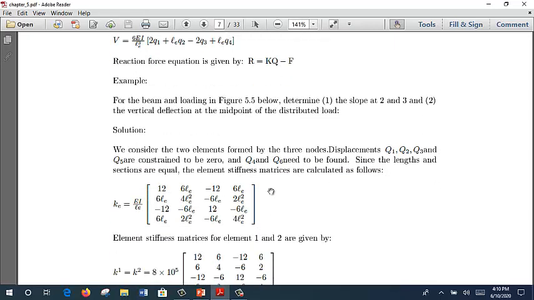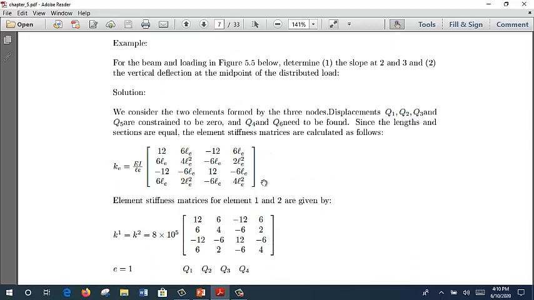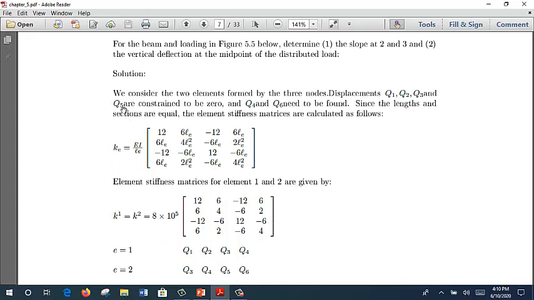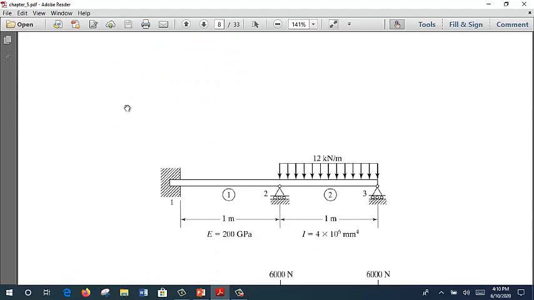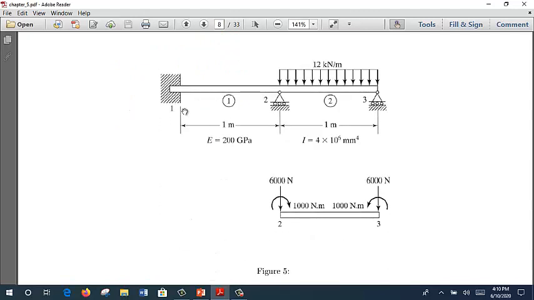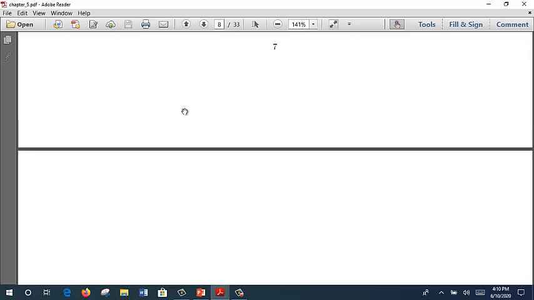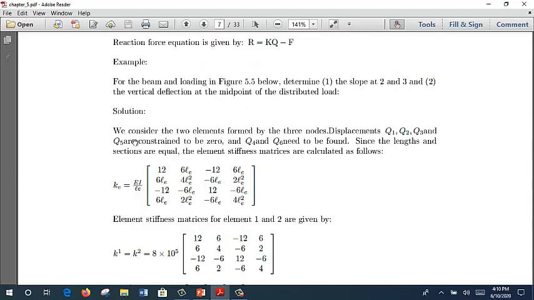Okay, now we go to the example in order to get some overview and more understanding of that. Okay, the question asks: we consider two elements formed by 3 nodes.